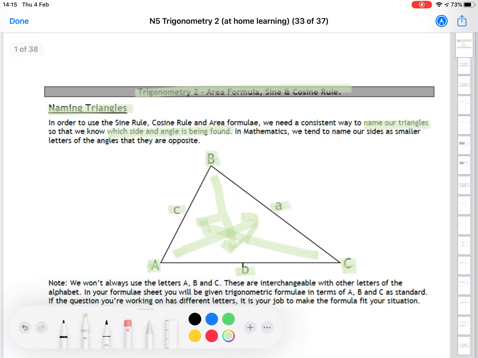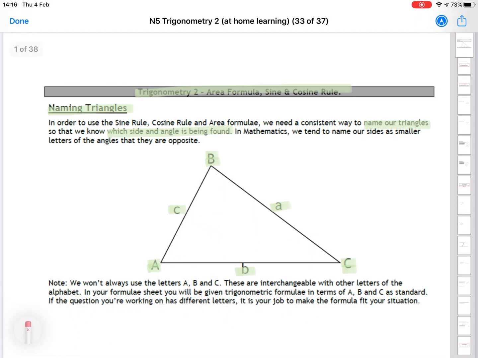Now what you'll find is that if in the question it's not A, B and C, all you would do in that case is switch out the letters in the question to match the ones that you're used to using in the formulas.